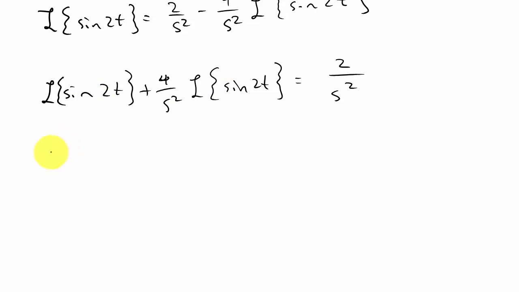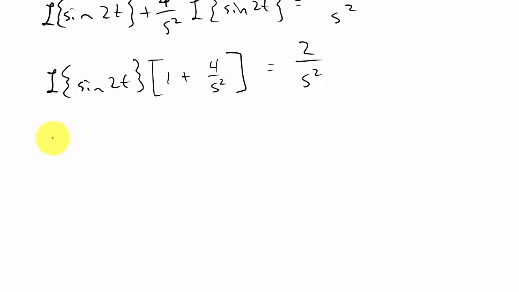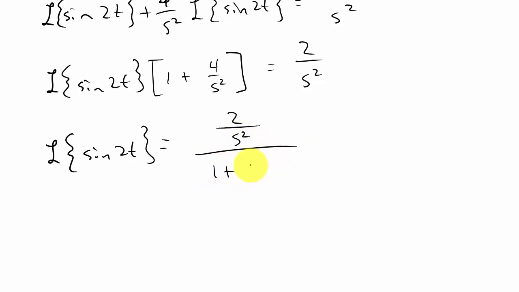And then I'll factor out the Laplace transform of sine 2t, and so that's going to leave me with 1 plus 4 over s squared equals 2 over s squared. Divide both sides by this, so the Laplace transform of sine 2t is equal to 2 over s squared divided by 1 plus 4 over s squared.